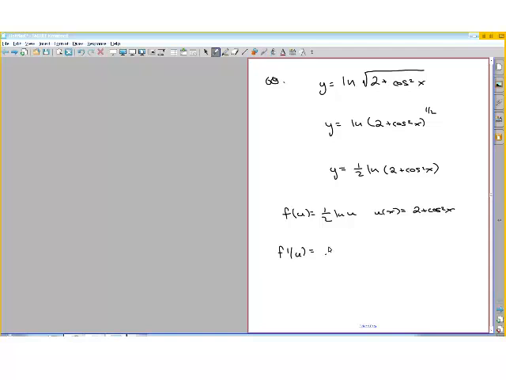Okay, f prime of u would just be 1/2 times the derivative of that, which is 1 over u. U prime of x. Okay, let's rewrite this. U of x is equal to 2 plus cosine of x quantity squared.